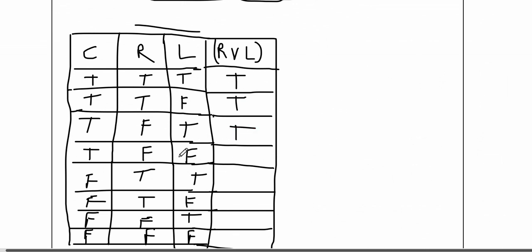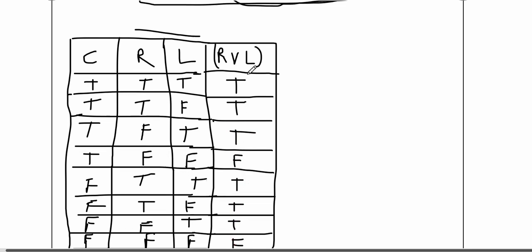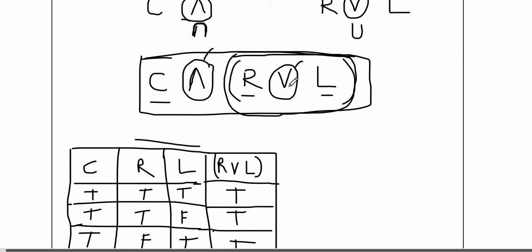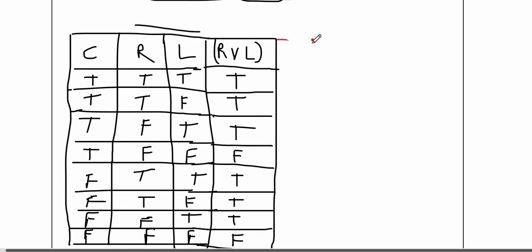We need at least one to be true for the result to be true, therefore it is false. Here again it's true, true, true, and then false. So now we got a value for R or L, R disjunction L. Now we create another column.